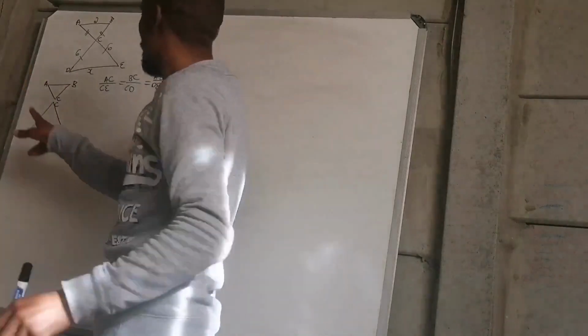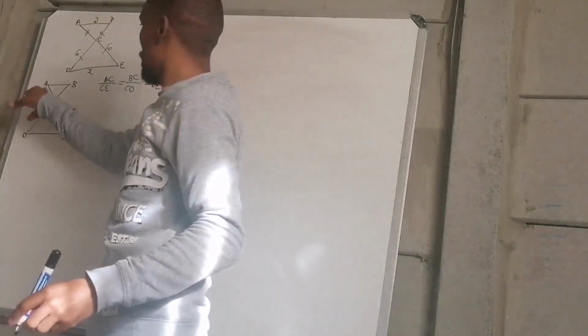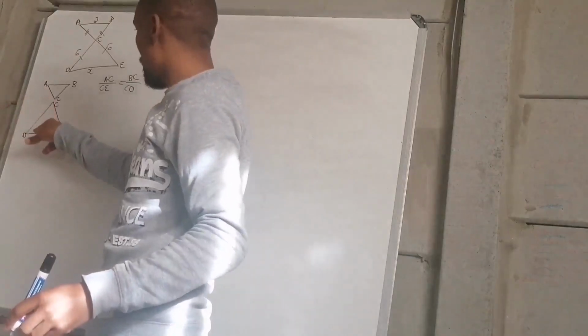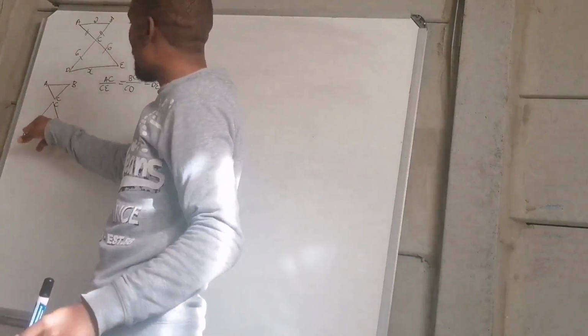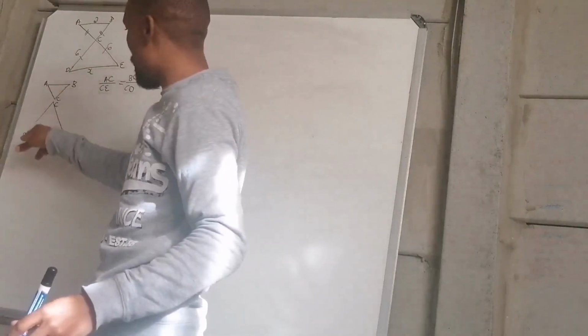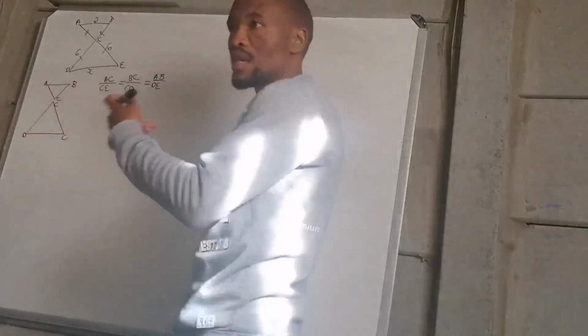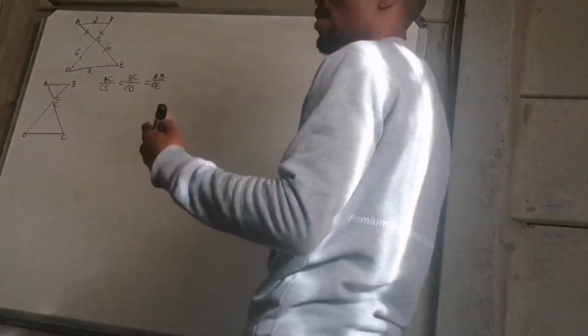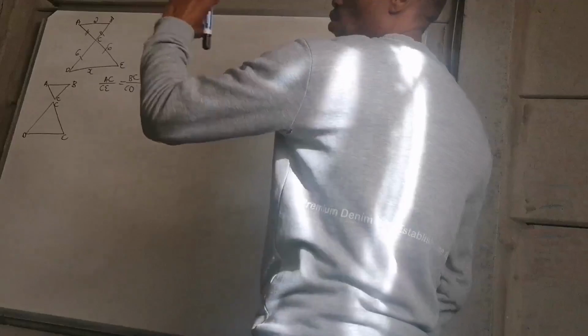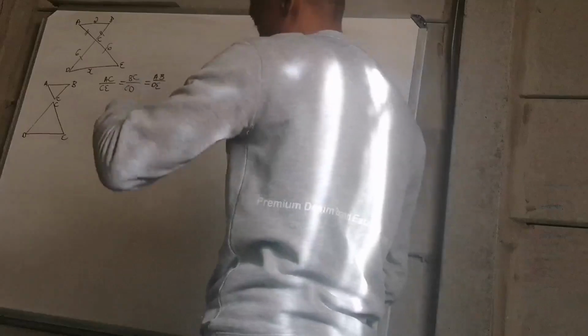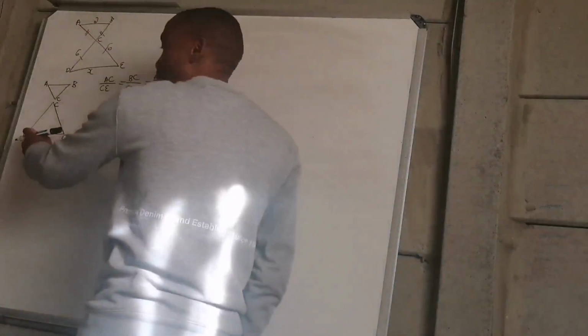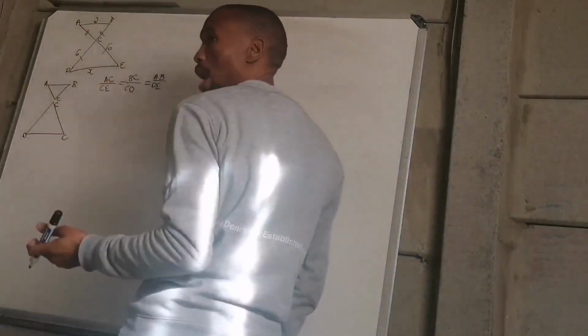In order to say that they are similar to one another, when you take one side, divide it with a similar side, that ratio should be equal.